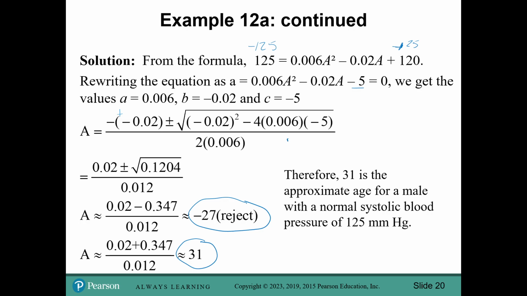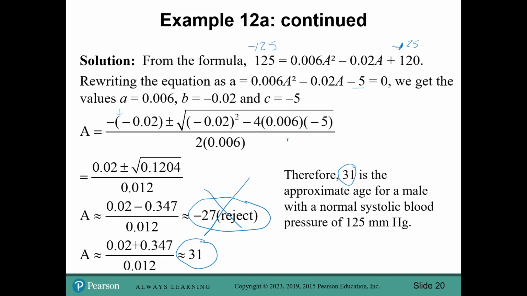No, a man cannot be negative 27 years old. That is why we reject this answer, because it does not make sense in terms of our problem. So the only answer that makes sense is 31. Therefore, 31 is the approximate age for a male with a normal systolic blood pressure of 125 millimeters of mercury.